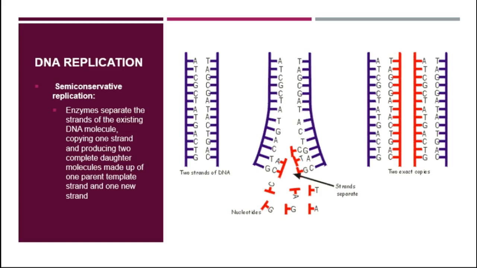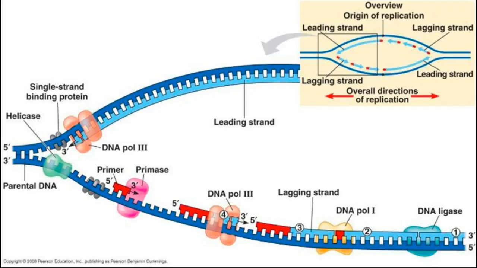Each strand at the end will have an old template strand and a new strand. So we get two exact copies. This helps to ensure that the DNA is replicated correctly and appropriately, so that we're not trying to make something brand new without a template or a guide.